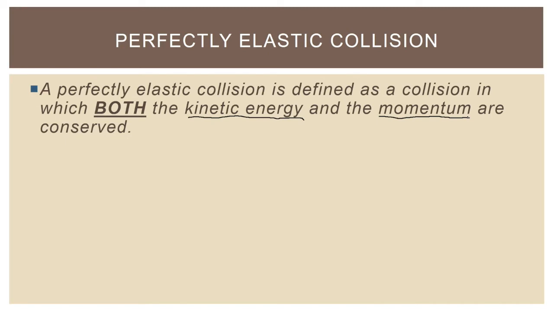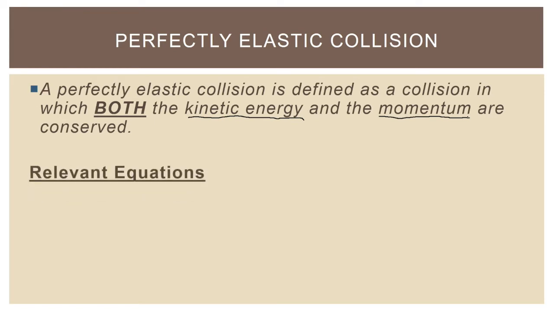It's only a perfectly elastic collision if both the kinetic energy and the momentum are conserved. So there's going to be no external force changing the momentum, and there's going to be no external work changing the kinetic energy of the objects.